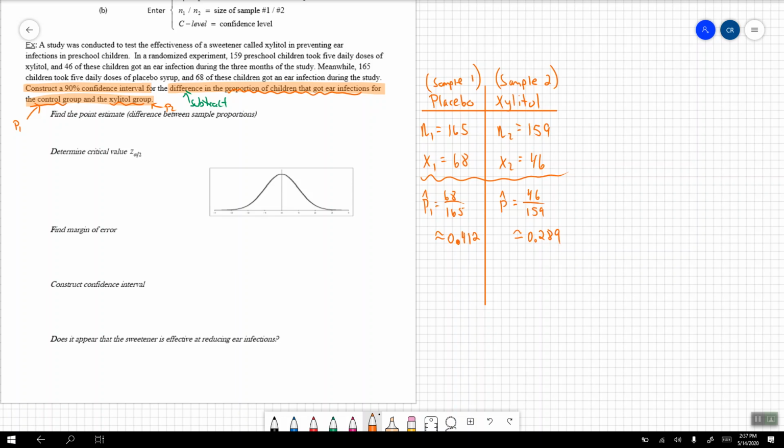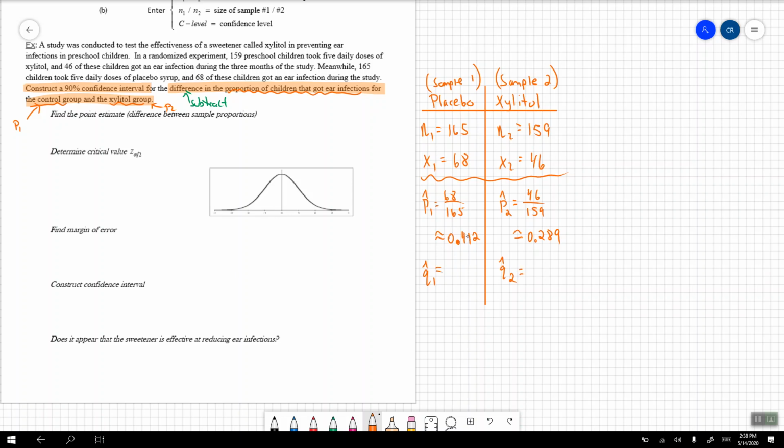Now, in order for us to be able to find the error, we're also going to need to know the q values. So we need to know what q hat 1 and q hat 2 are.